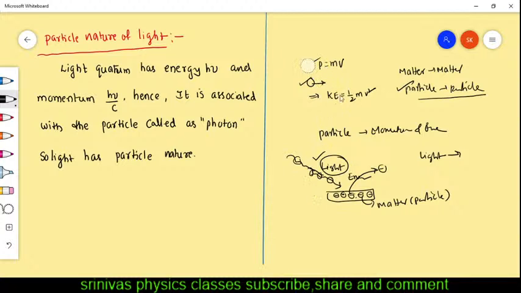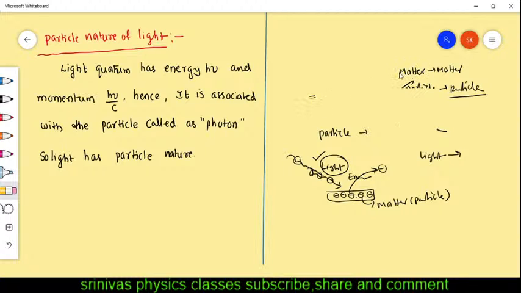Light also has the particle nature, right? Why are we saying that light has the particle nature? Because the light quanta has energy, and the light quanta has momentum. That means light is made up of particles.